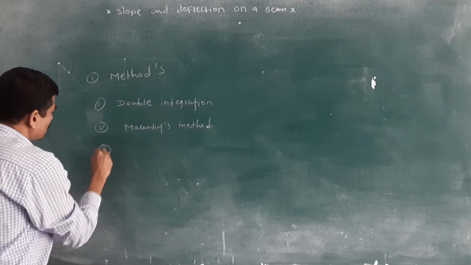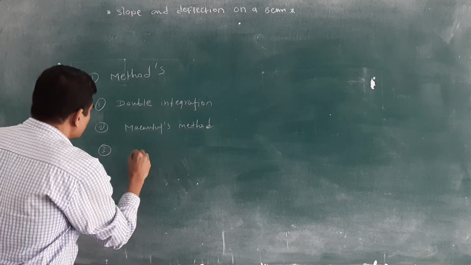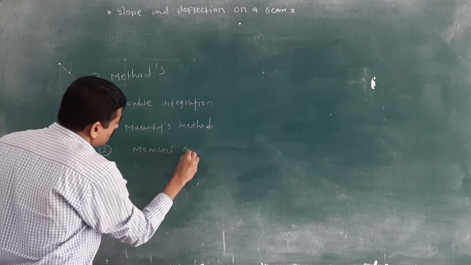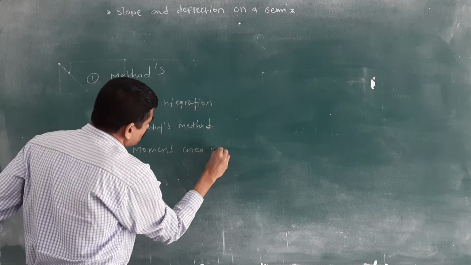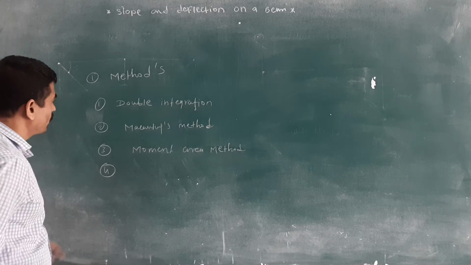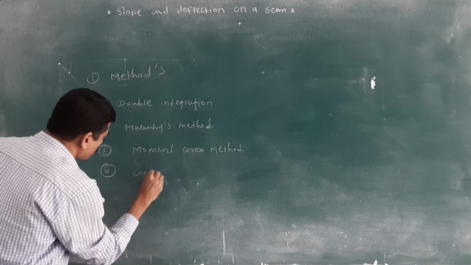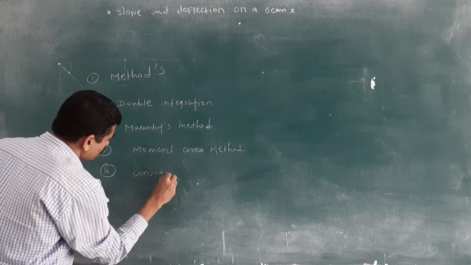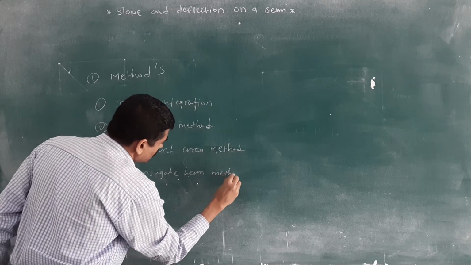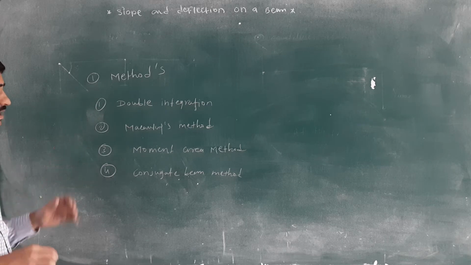Then third is the conjugate beam method, but before that there is one more method: the moment area method. And last is the conjugate beam method. With the help of these four methods, you can find the slope and deflection.